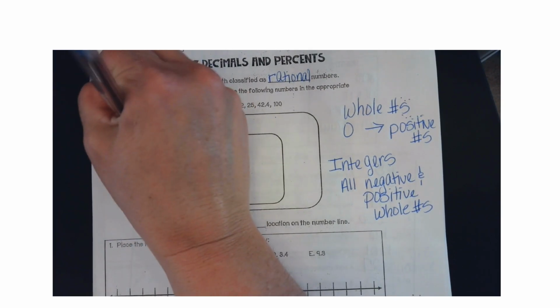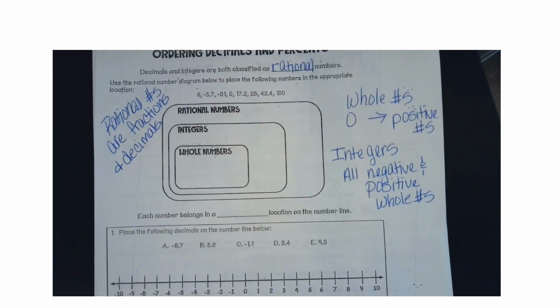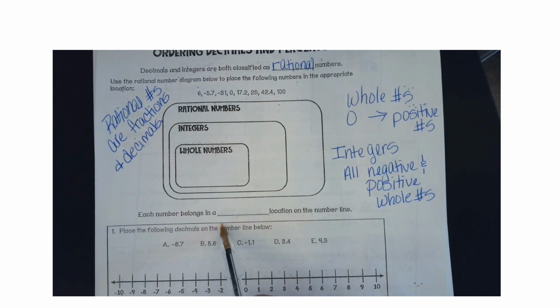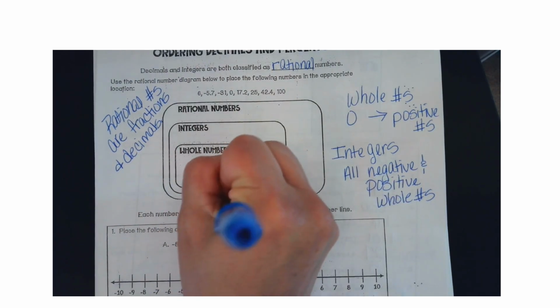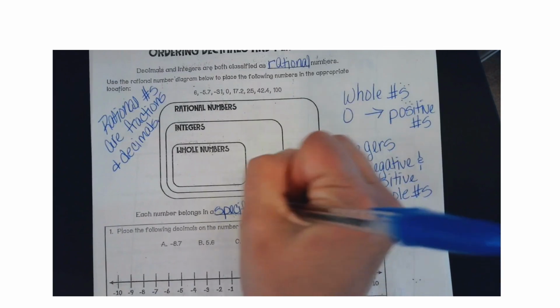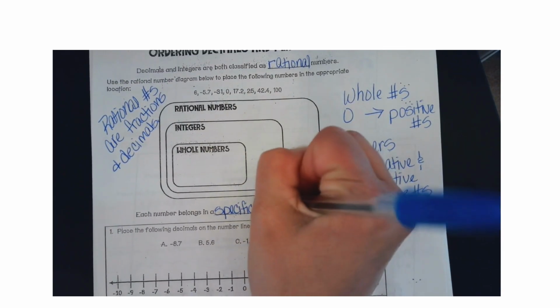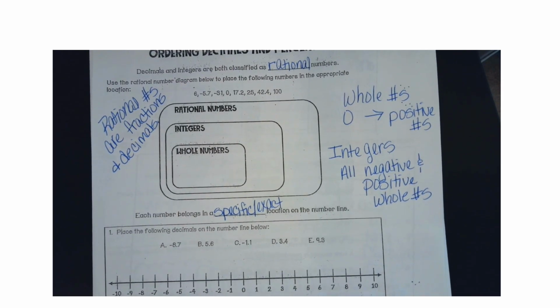It goes a little bit more extensive when you get into the 8th grade, but for right now, just know that it's fractions and decimals. All right, so each number belongs in a specific or exact location on the number line.